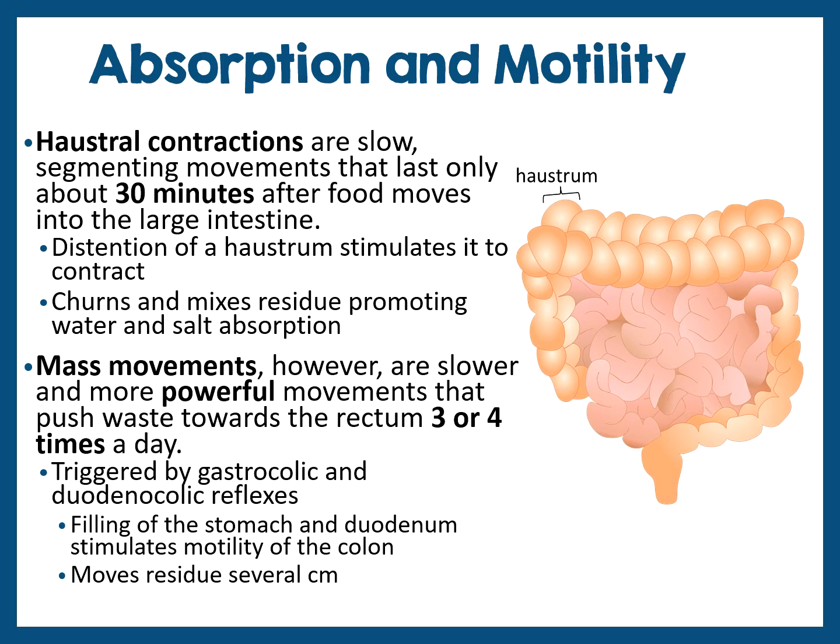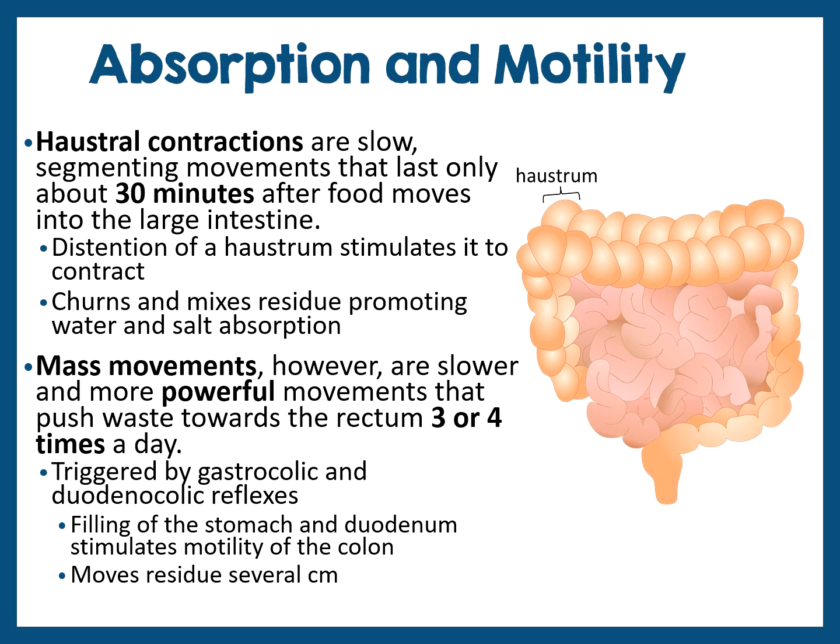If the stomach or the duodenum are stretching, that means food is coming down. And if food's coming down, the intestines, specifically the colon, needs to contract and it needs to empty so that way it can get ready for that incoming food.